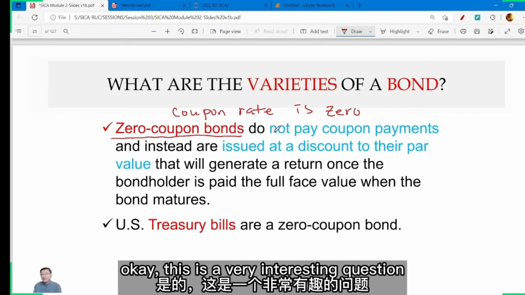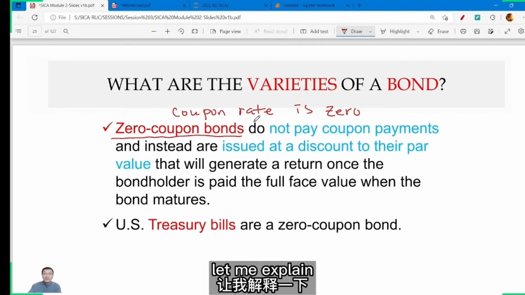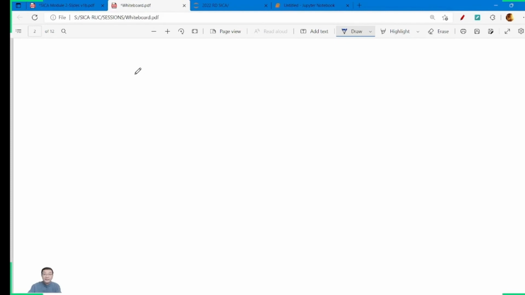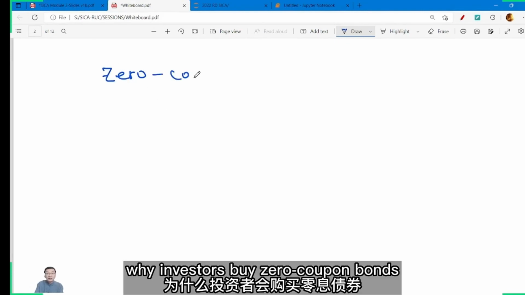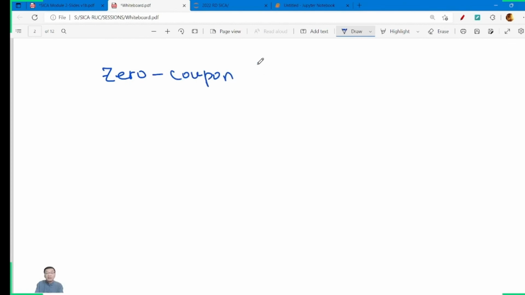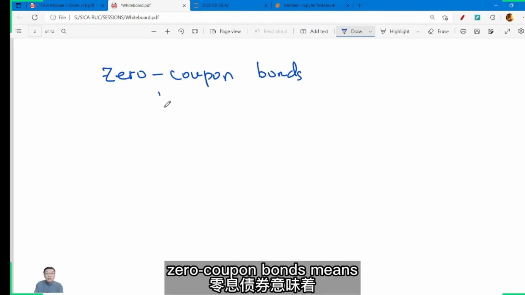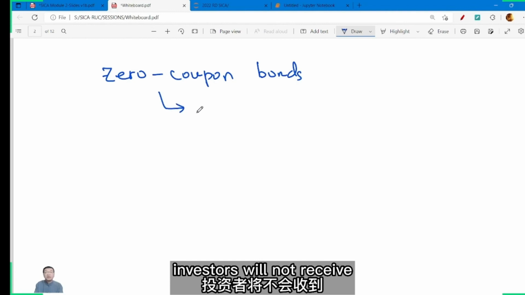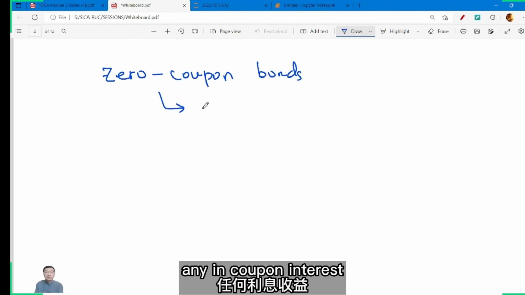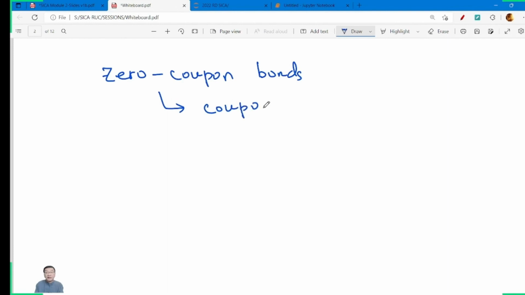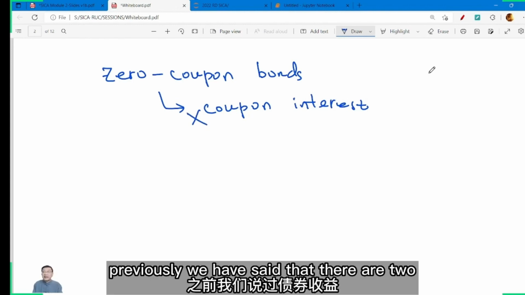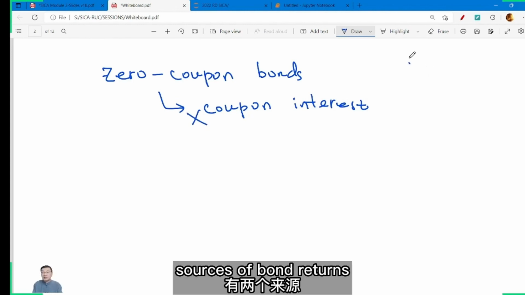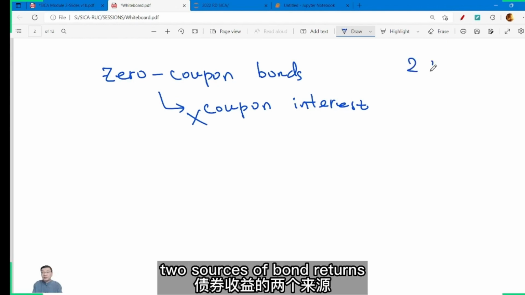Okay, this is a very interesting question. Let me explain. The question is, why do investors buy zero coupon bonds? Zero coupon bonds means investors will not receive any coupon interest. Absolutely none. Previously, we have said that there are two sources of bond returns.